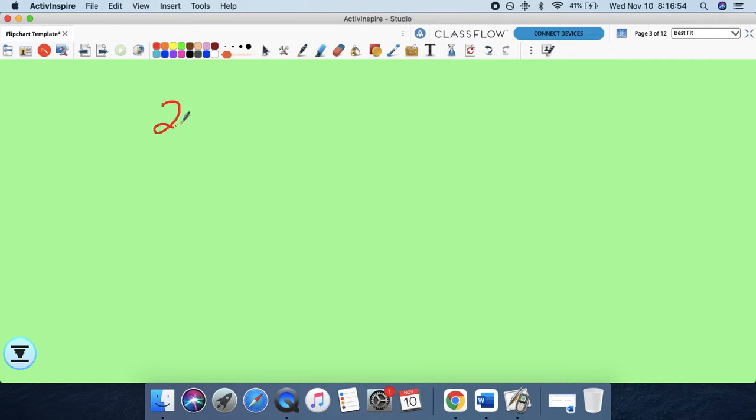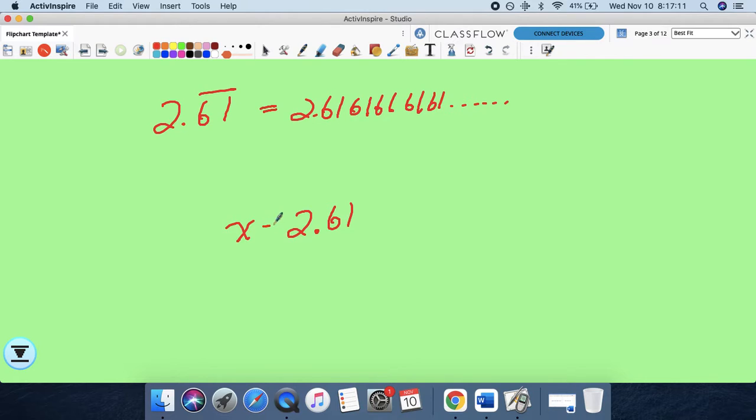So how do we change 2.61 repeating? That's the same thing as 2.616161, 6161 forever and ever. That's a repeating decimal. So the first thing you want to do is set this equal to x. Then, because there are 2 repeating numbers, 61, we're going to multiply the left side and the right side by 100.